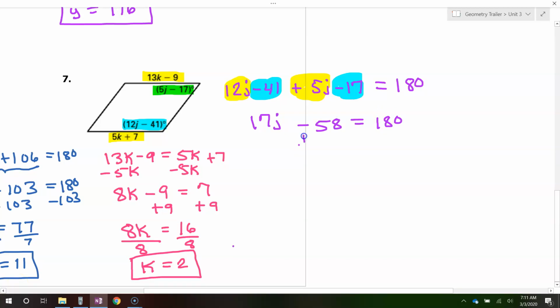Then, of course, if we add 58 to both sides, we wind up with 17j is equal to 238.